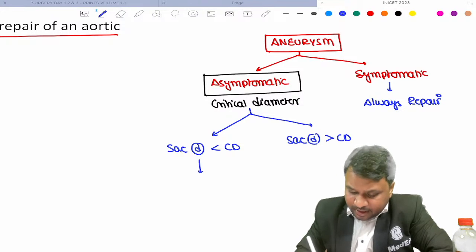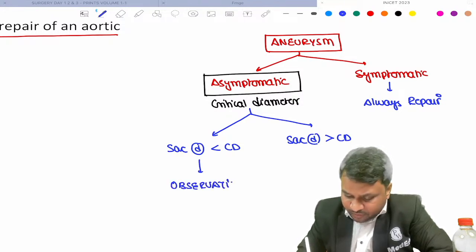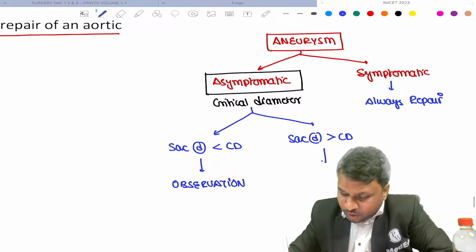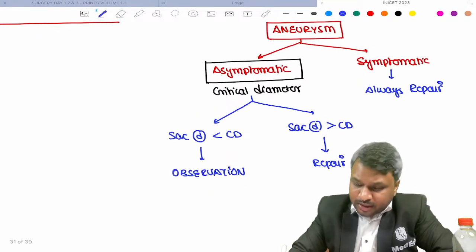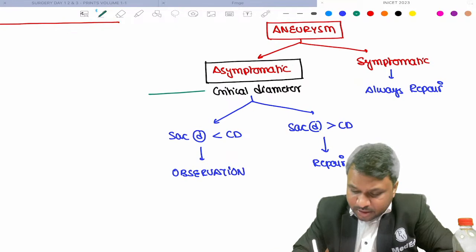If less than the critical diameter, then you have to go with observation. If it is more than the critical diameter, then you have to go with repair. Now, to understand, we'll tell you about the critical diameters.